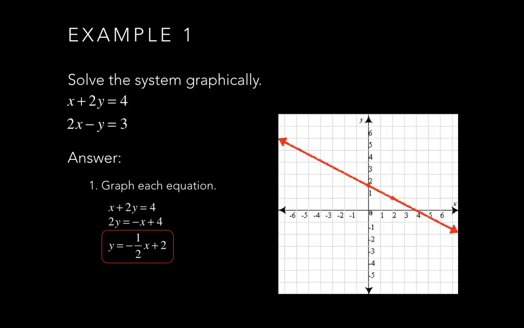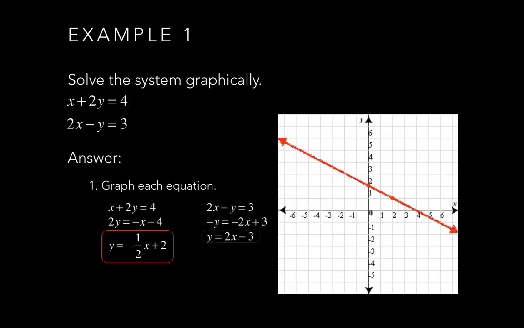Now let's graph our second equation in the system. It's 2x minus y equals 3. When you subtract the 2x, that's negative y equals negative 2x plus 3. And we're not done because y is negative.